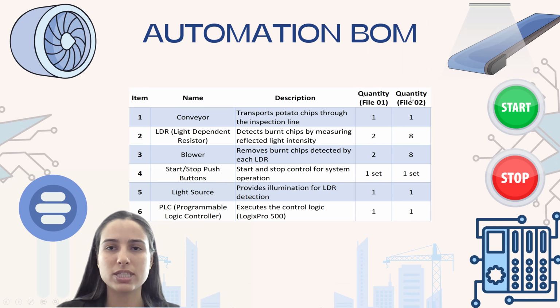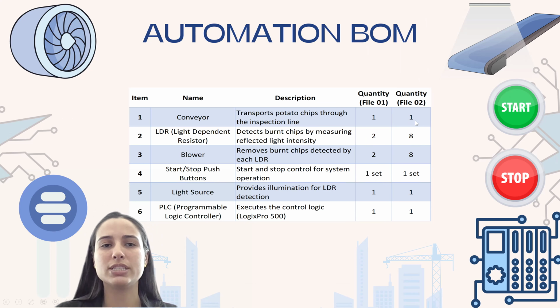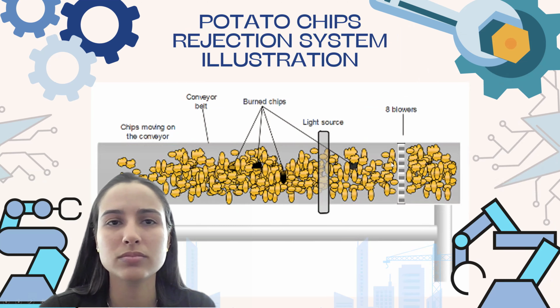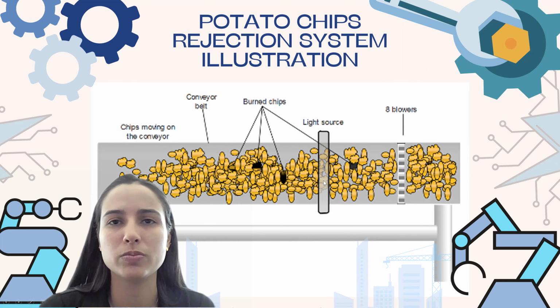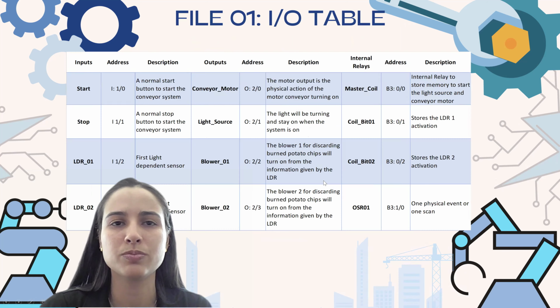The only difference in file 2 is that there will be 8 LDRs and 8 blowers. This is the illustration provided by the professor of the potato chip reject system.